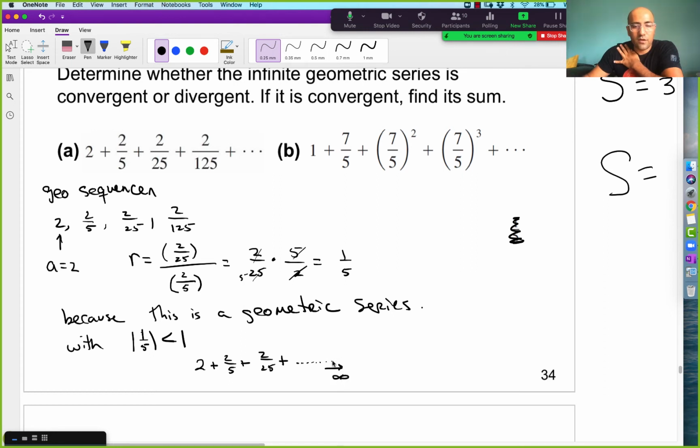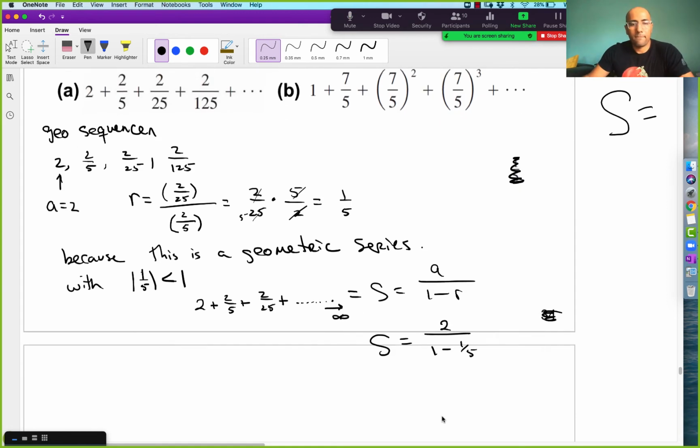Just goes on forever. That is going to be equal to S, where S is equal to A over 1 minus r. Good. So S, the sum of all of these forever, is equal to A, which was a 2, divided by 1 minus 1/5. Good.